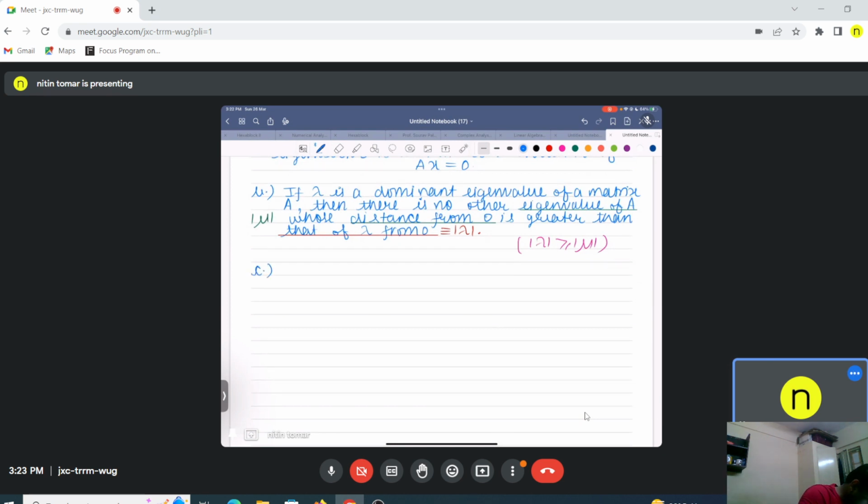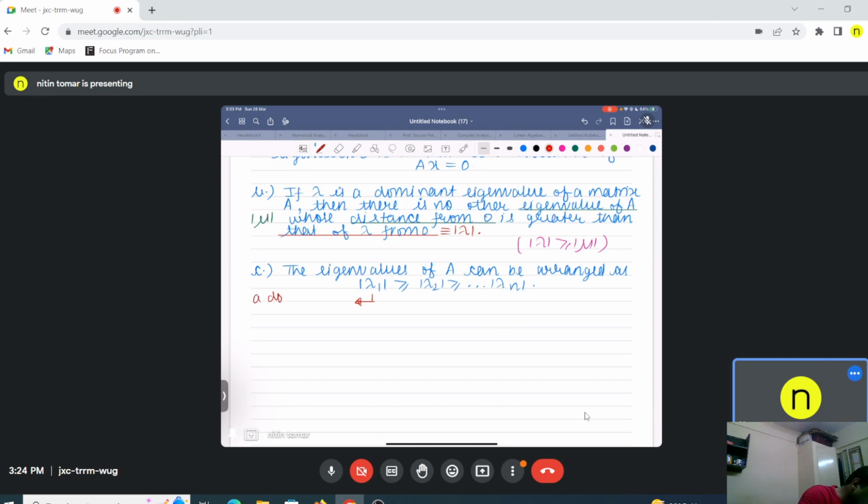See, the eigenvalues of A can be arranged in this manner, right? And this is precisely the dominant eigenvalue.